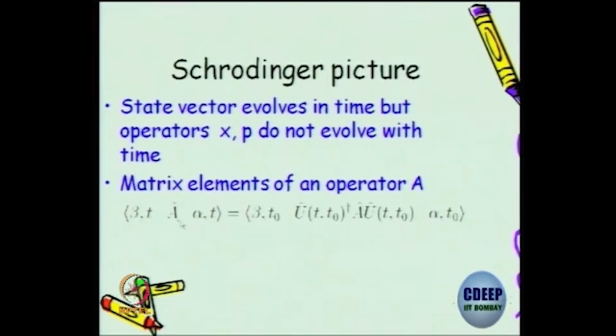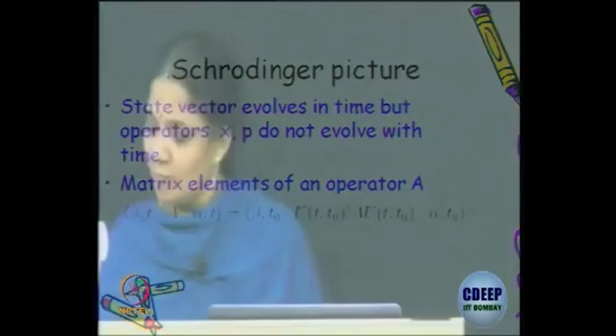So this matrix element on the left hand side explicitly can be written as the matrix element between the initial states, take the initial time to be t0, with this unitary operator on both sides, sandwiching the A operator. What is this unitary operator? We have done this.